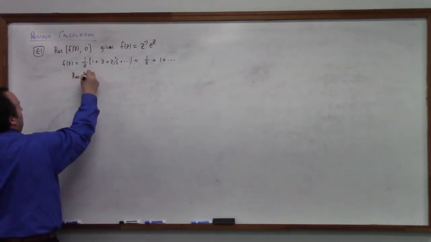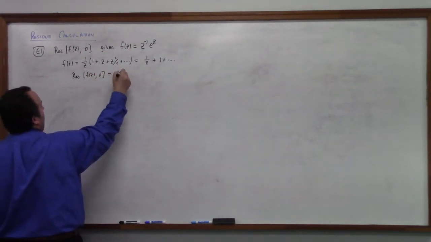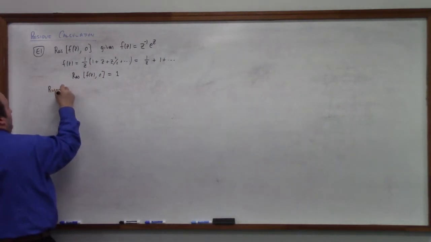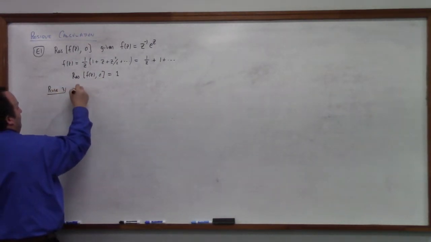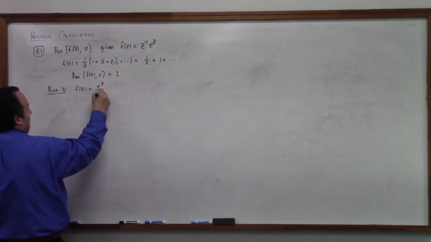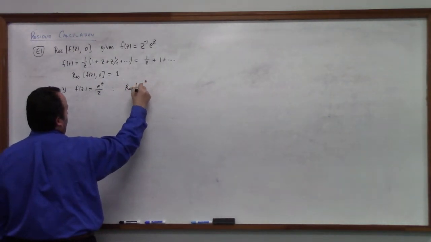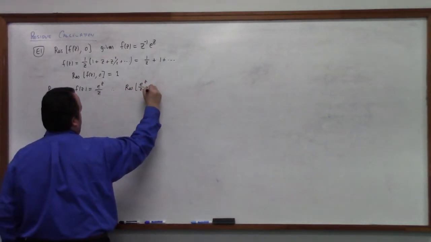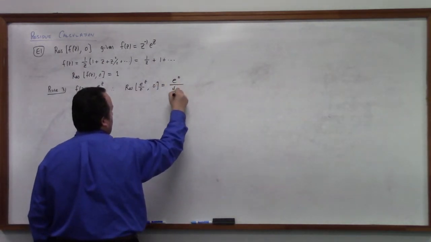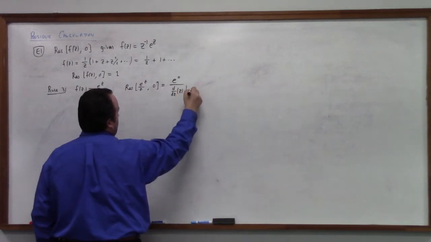Now, how did you do it? Rule 3? You use rule 3. f of z is equal to e to the z over z, at 0. So you get e to the z over d dz of z evaluated at z equal to 0, right?